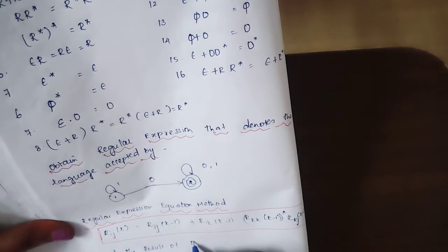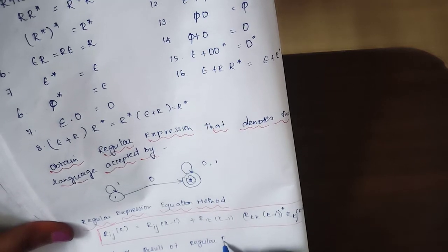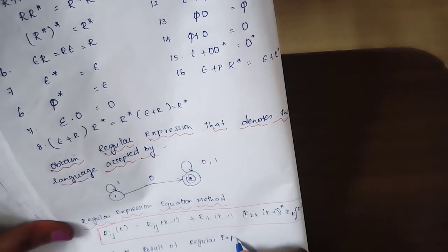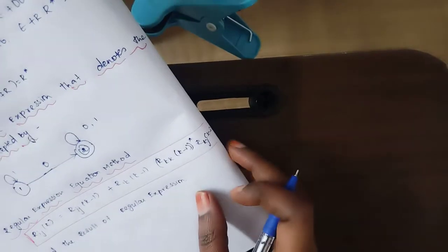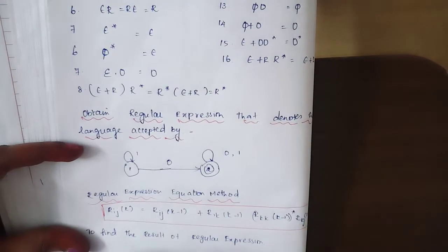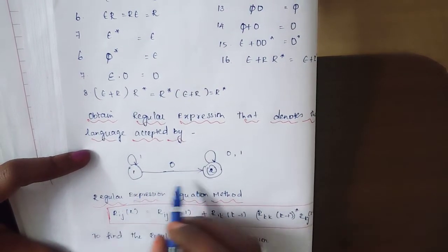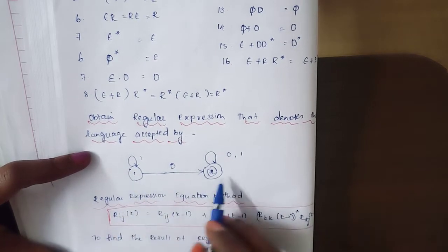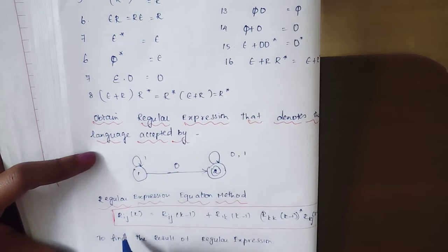To find the result of the regular expression, we'll have this formula. First we'll look at what all the states are over here. So how many states are here? Here 2 states are there.